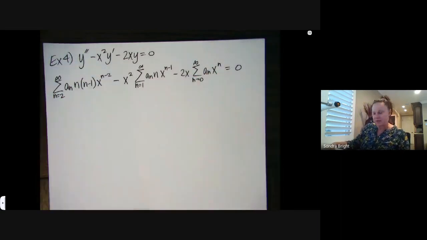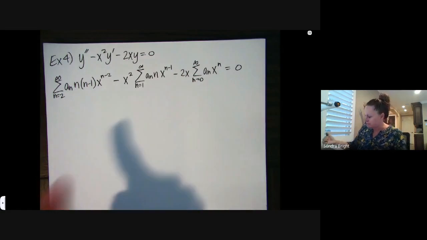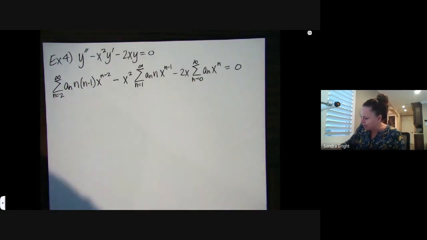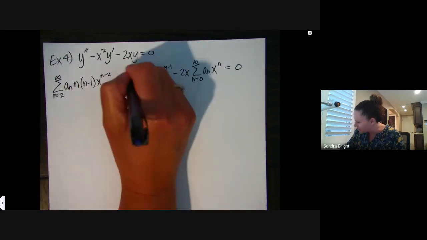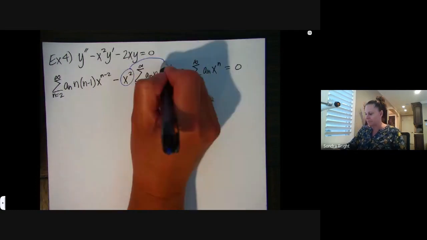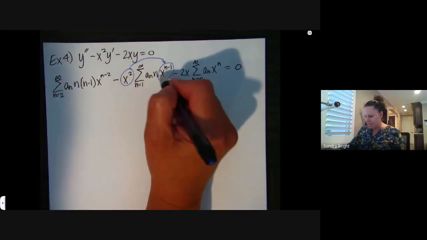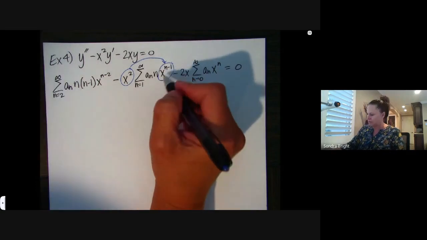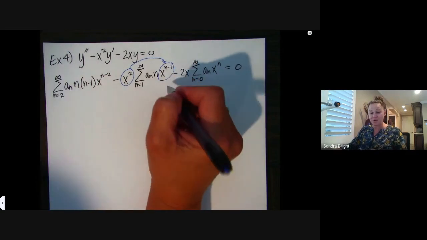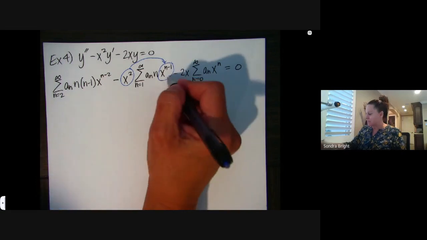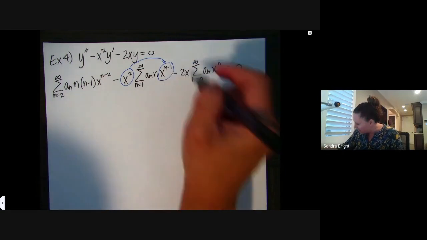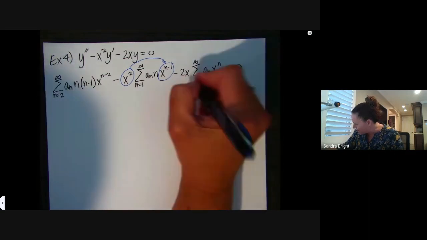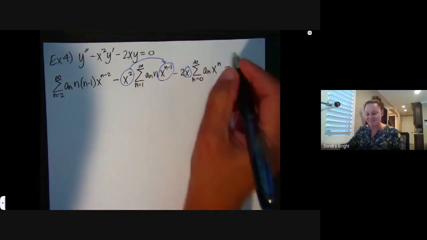Any x's in front, distribute them in. There isn't anything to distribute in the first one, but this x squared, let's multiply it times the x to the n minus 1. Same base, so the exponents add, and this becomes x to the n plus 1. And I'm just going to take the x and multiply that times the x to the n.